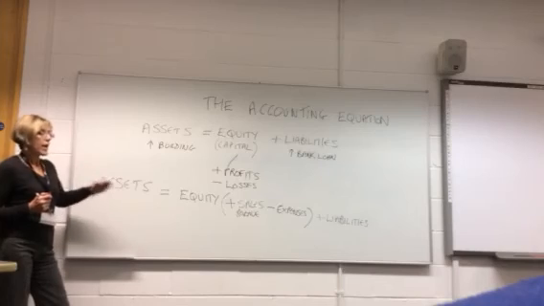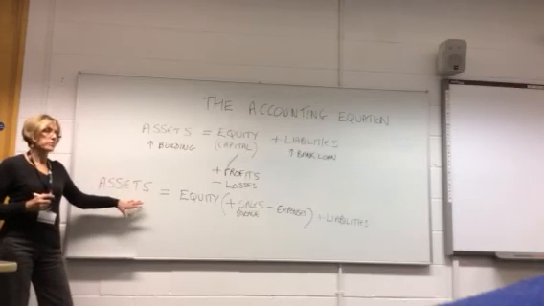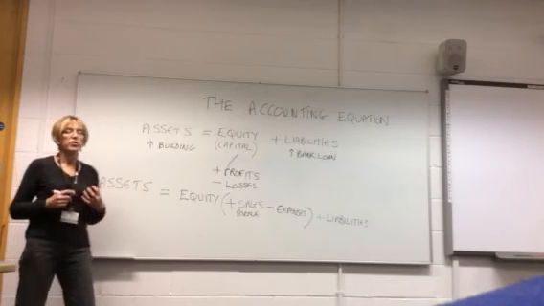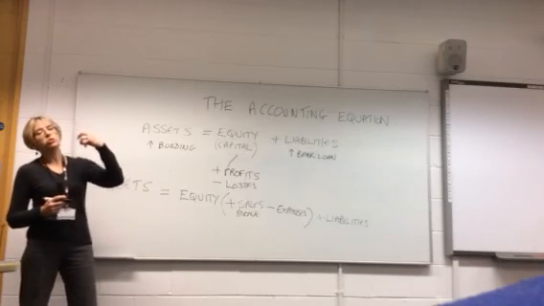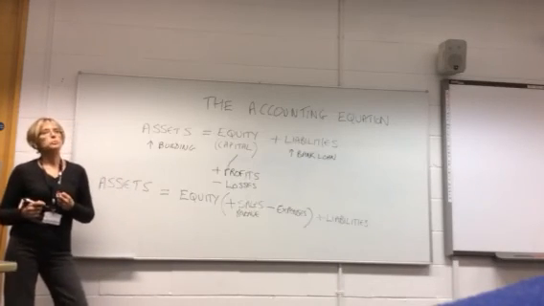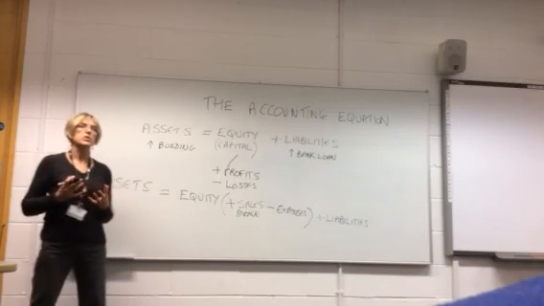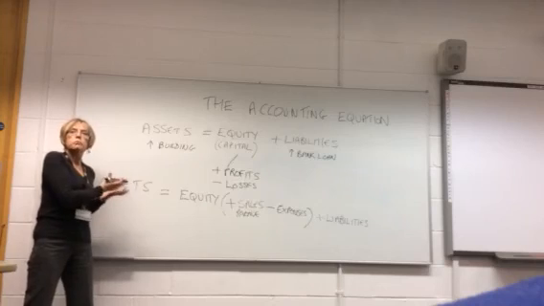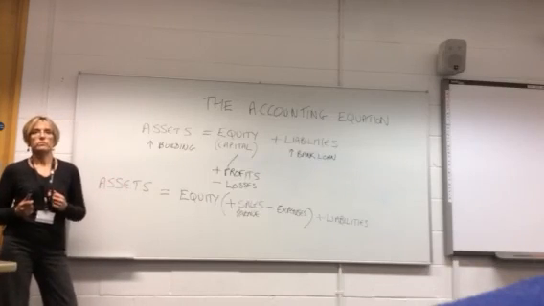So we have to remember the accounting equation whenever we're doing recording, when we're looking at financial statements and balance sheets, or statements of financial position and income statements, or statements of profit and loss, because this underpins all that.